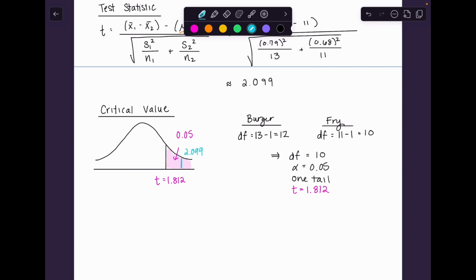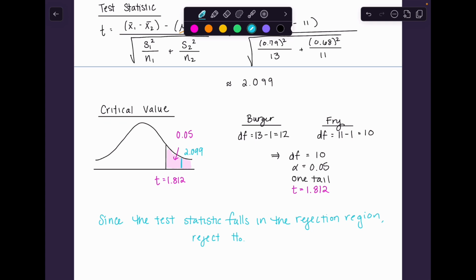So since the test statistic falls in the rejection region, we do exactly that. We reject the null hypothesis.